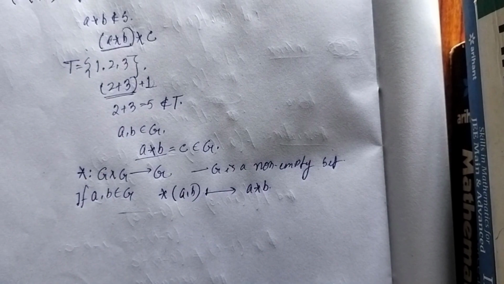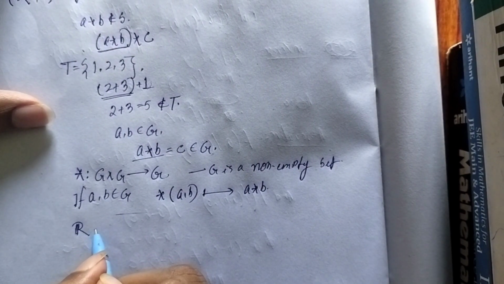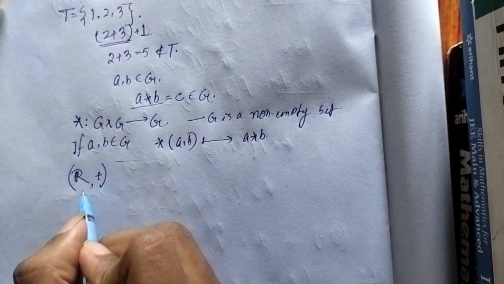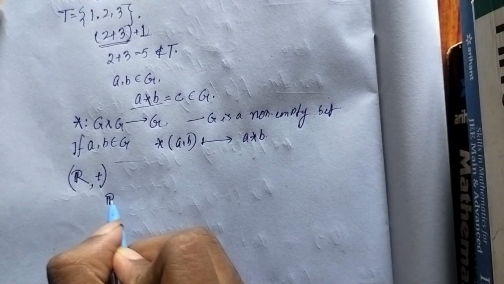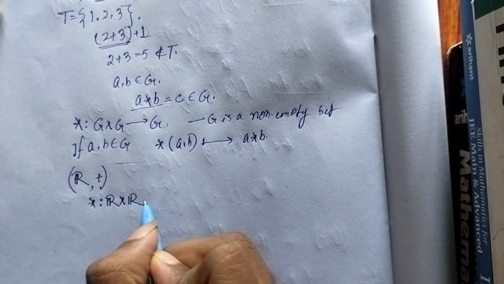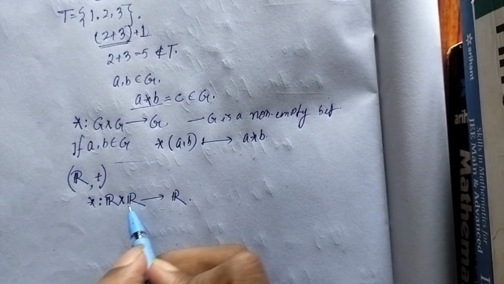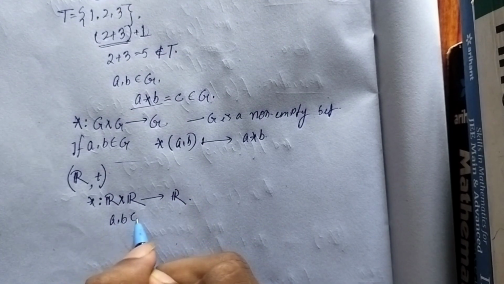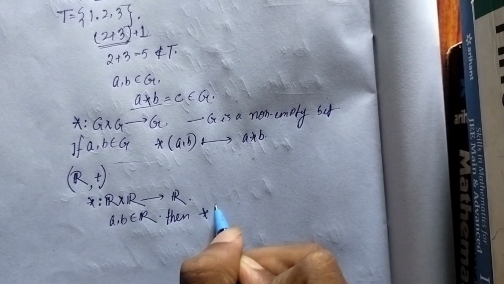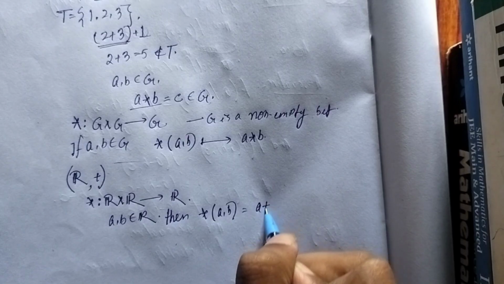Now, taking an example, let's say R, and we are defining addition here. How can we write that this is closed under addition? Let's say star is an operation that does this. We can write a, b belongs to R, then star of a comma b, we want to add them, that means a plus b.